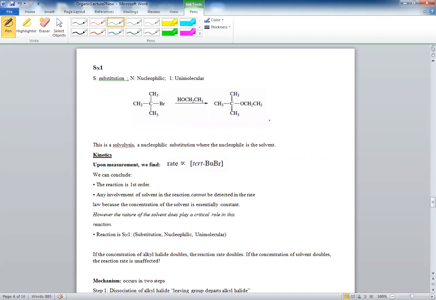So here's an example. This one could not be an SN2 mechanism for a few reasons.